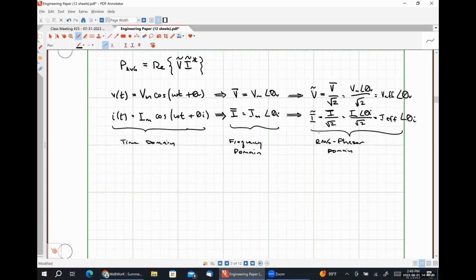That operation is what's known as the complex power. Okay, so we're going to start with a definition here. S, I'm putting a bar over this because it is a complex number, is going to be equal to the RMS phasor voltage V times the complex conjugate of the RMS phasor current I.